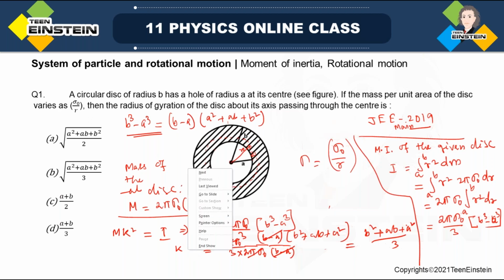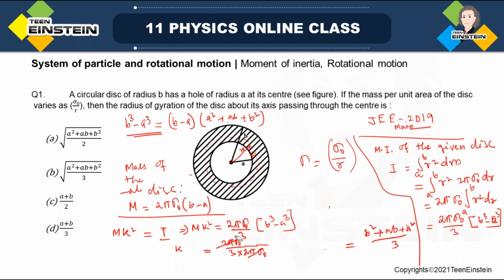Finally k will be the square root of this quantity, so the square root of (b square plus ab plus a square) divided by 3. So this is the answer, and option B will be the correct answer for this question.